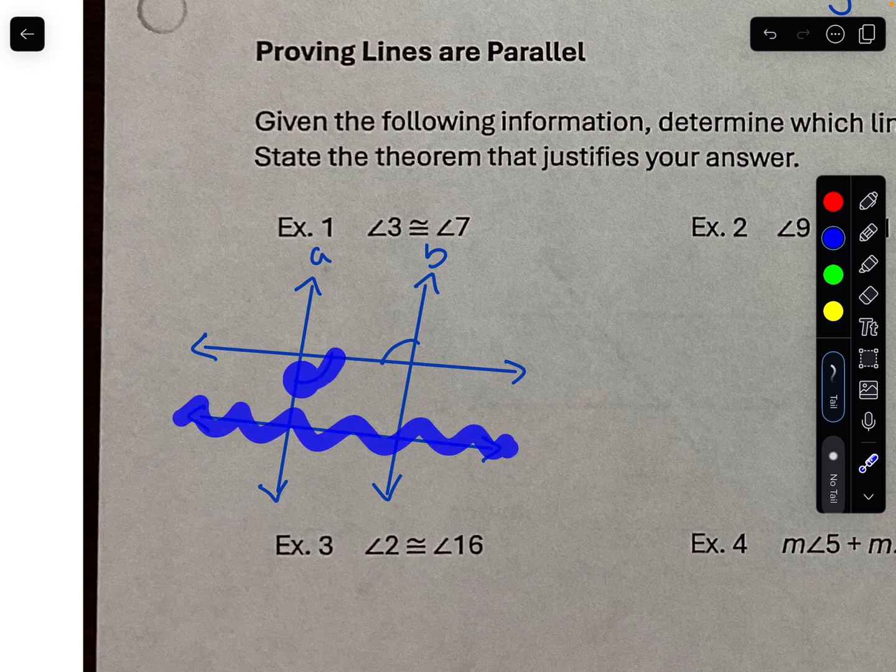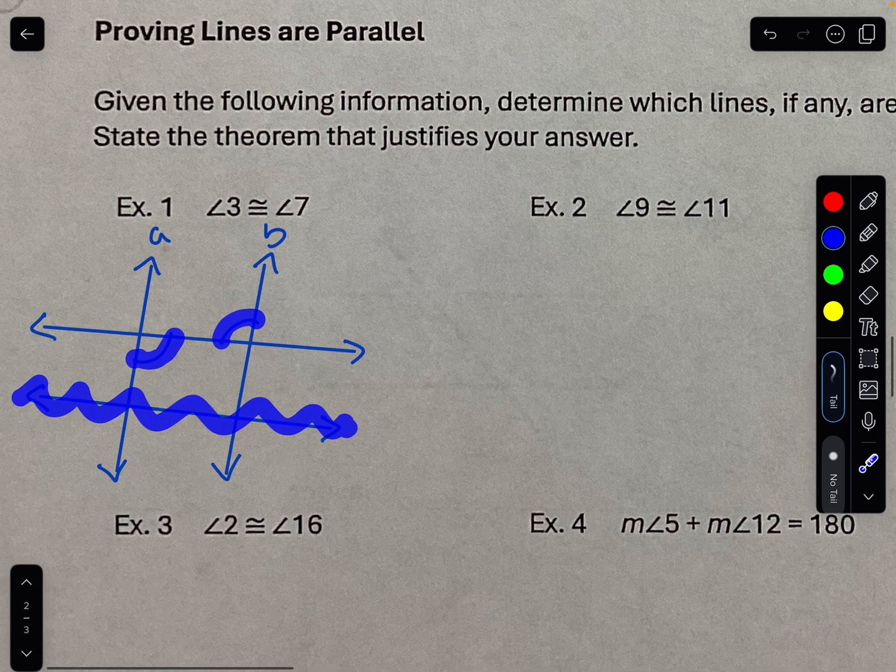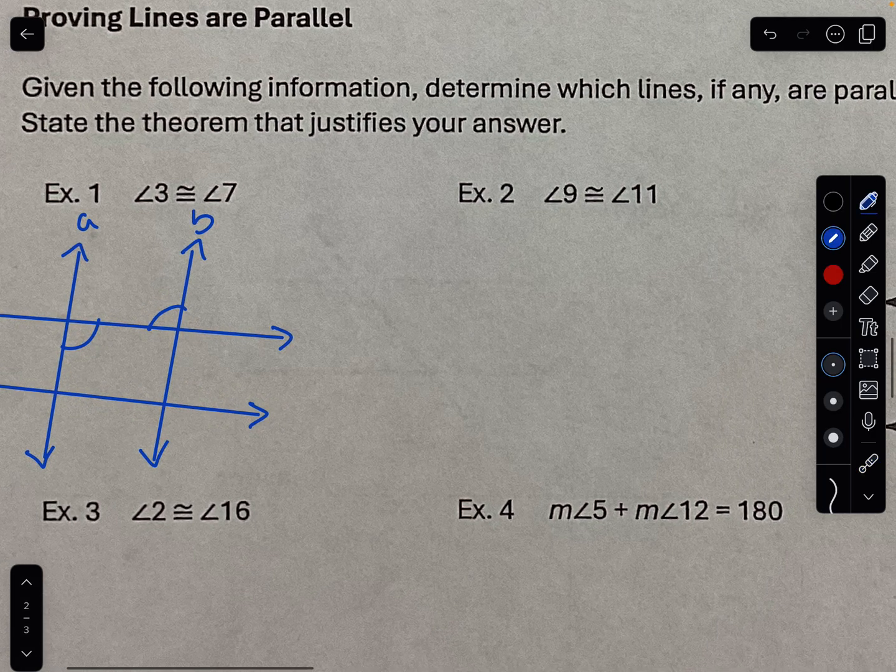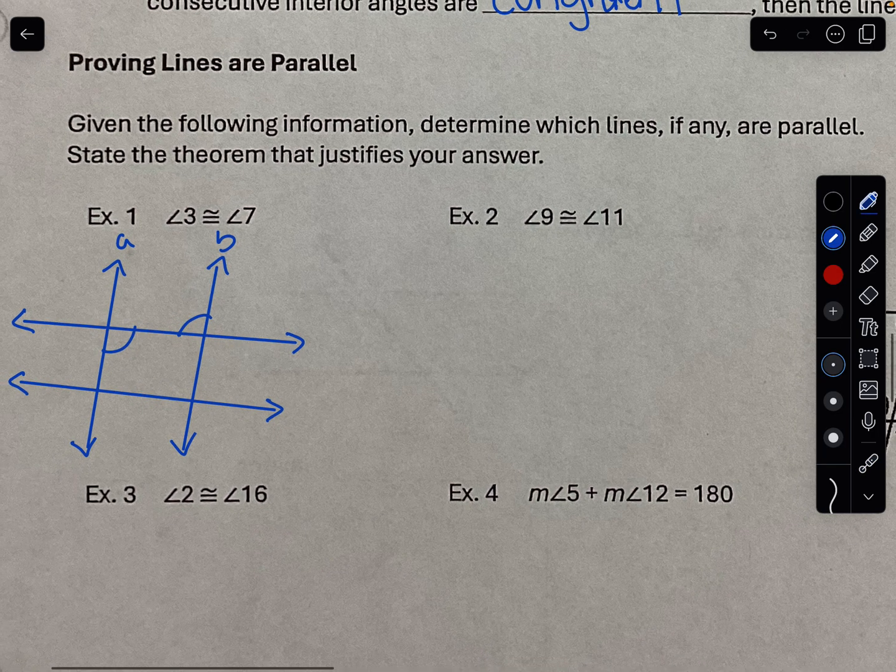What type of angles are these? Alternate interior. Good. So all I have to say is alternate interior angles converse. We can say A is parallel to B because of the alternate interior angles converse.